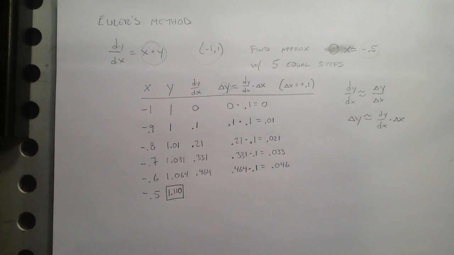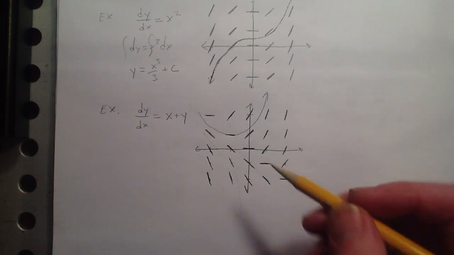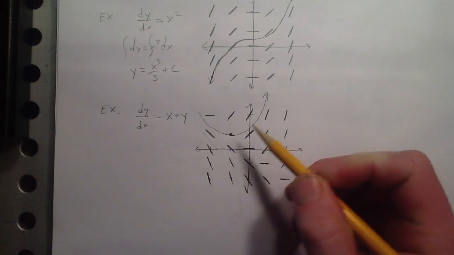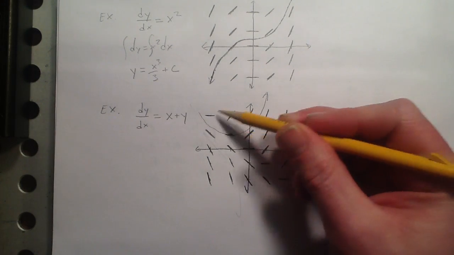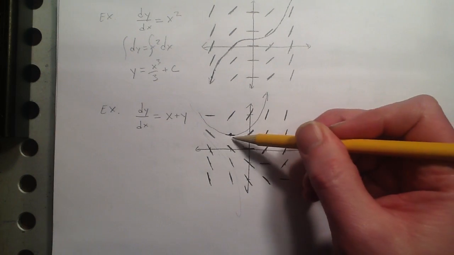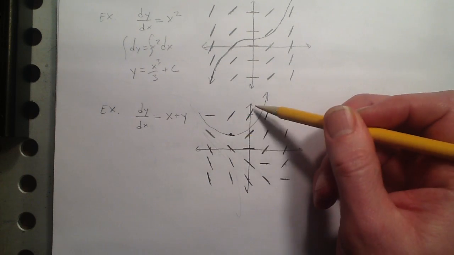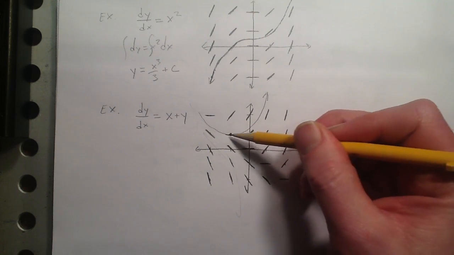Now let's look back at the picture of this, see if we can make some sense of that. So we started here, right, and we were trying to approximate where this curve is going to be if we move over and try to follow the guide of these little slopes in our slope field. Well, we took 5 little steps.